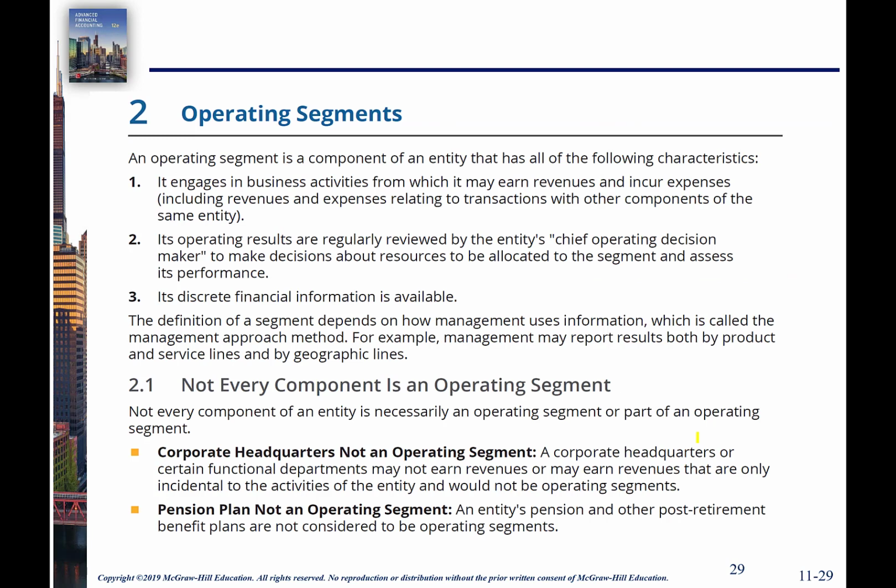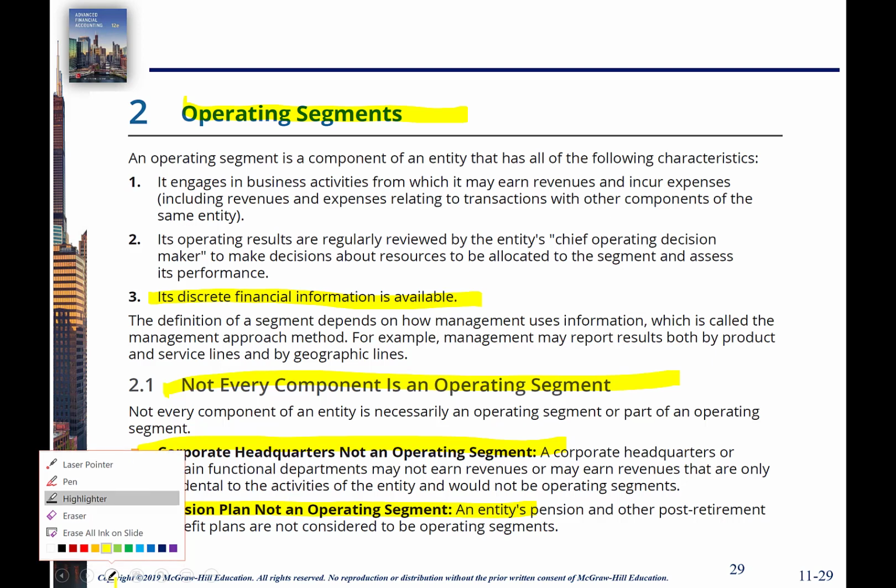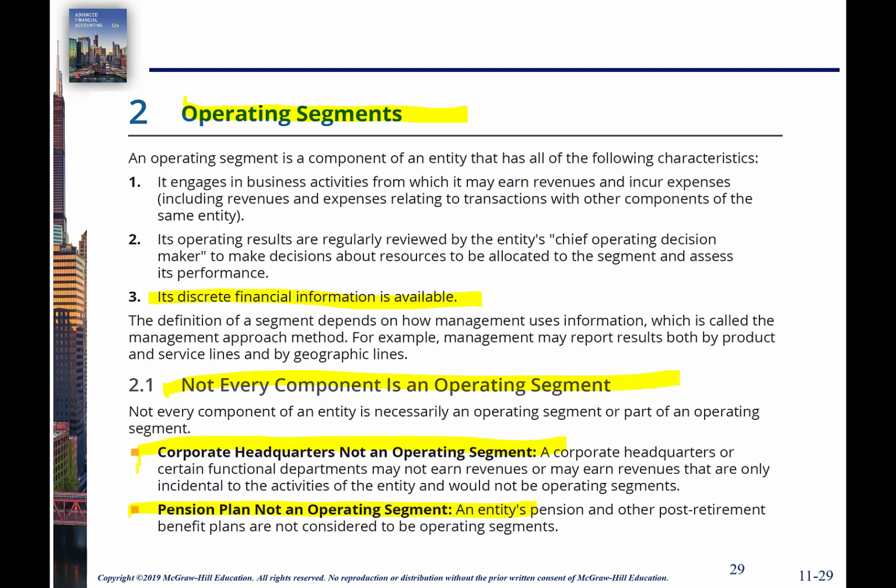Now, we're reporting operating segments. Therefore, things like corporate headquarters and pensions are not considered operating segments. It's those that have results and engage in business activities, where discrete information is available. Again, the entity does not have to come up with a whole new set of information to comply with segment reporting requirements.